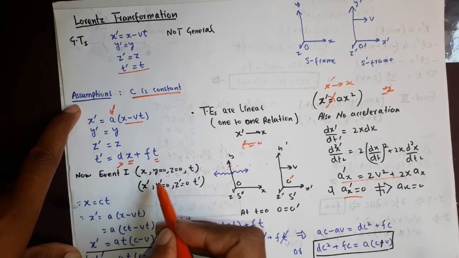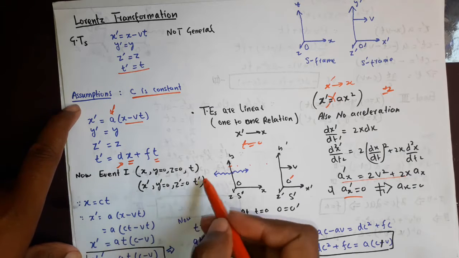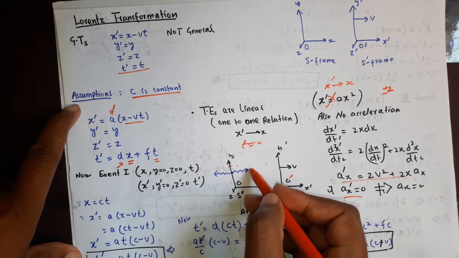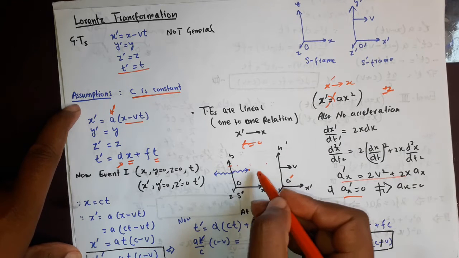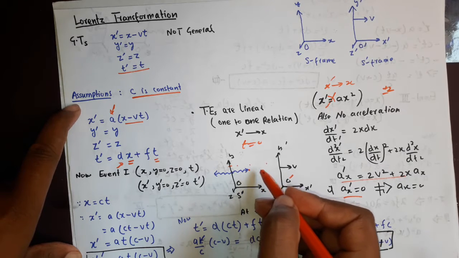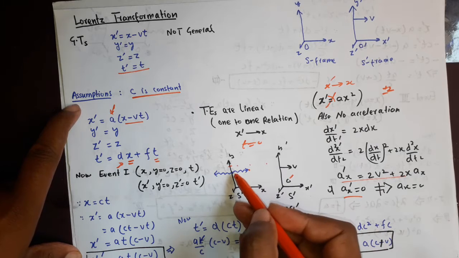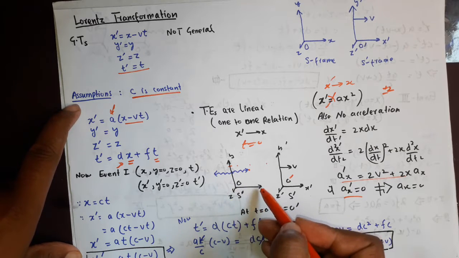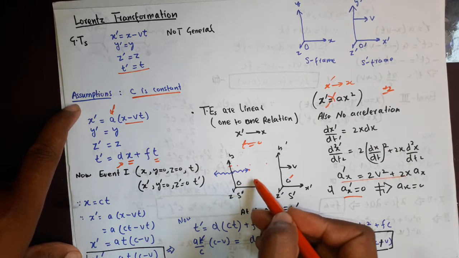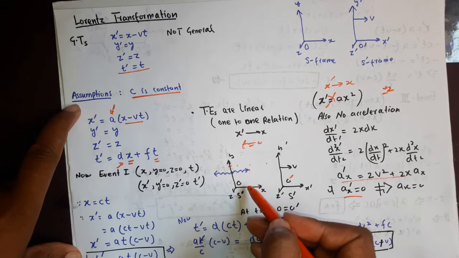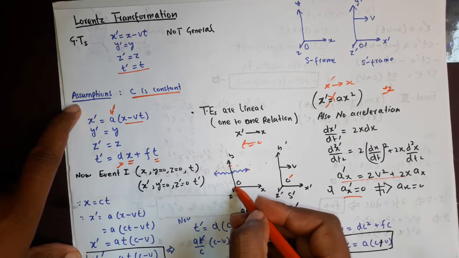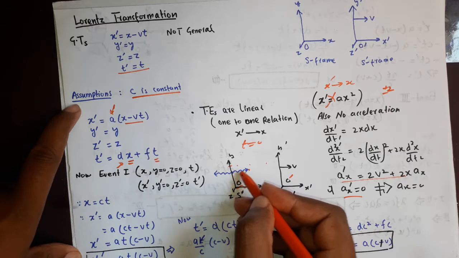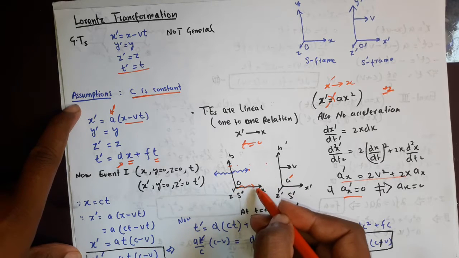How can I write the coordinates? In S prime, after some time t, let's say this will reach here. Now this particular point will have certain coordinates. You should remember that this event is happening along the x direction. Here it looks like it is in the plane, but that is not true. I should have drawn it here, but you should assume that this beam of light is on the x-axis.